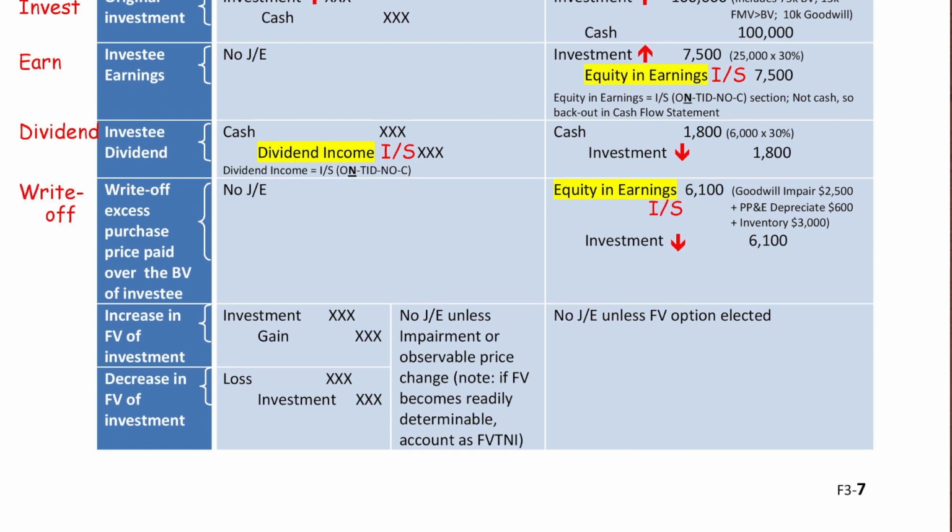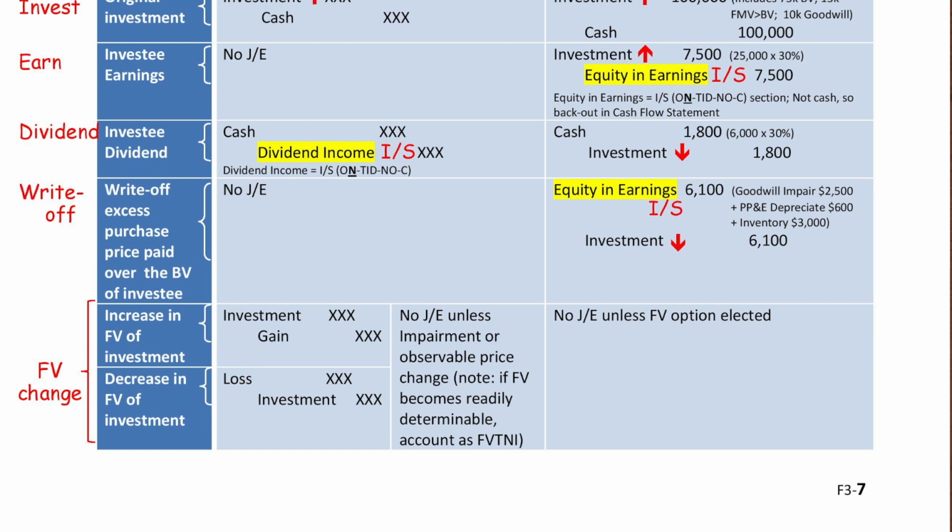And the last one we have here is increase or decrease in fair value of investment. Draw a bracket and write there, fair value change. And this is relevant for the fair value through net income method because both the increase and the decrease in fair value are recorded.